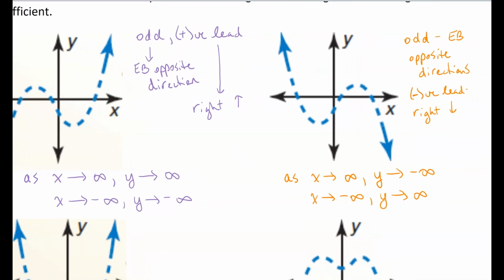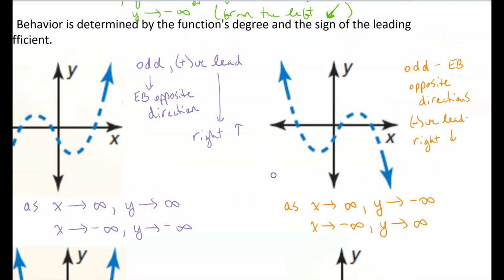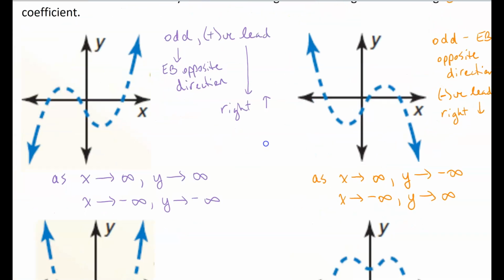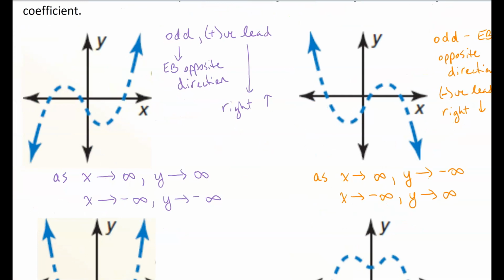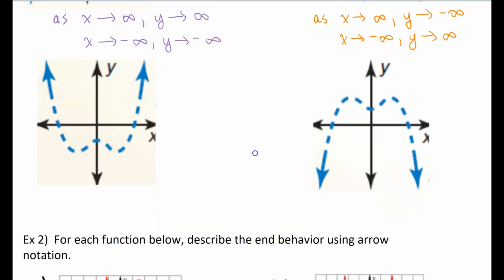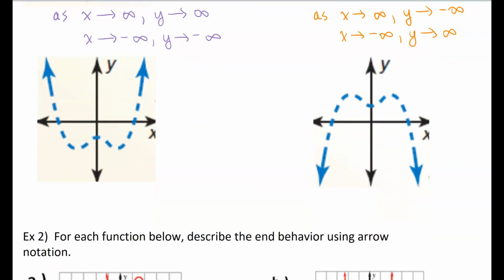Remember I told you guys I always abbreviate positive like this, and negative is abbreviated like this. Those are my abbreviations. I picked that up from a professor many years ago, and it's stuck because it's quicker than writing positive and negative.